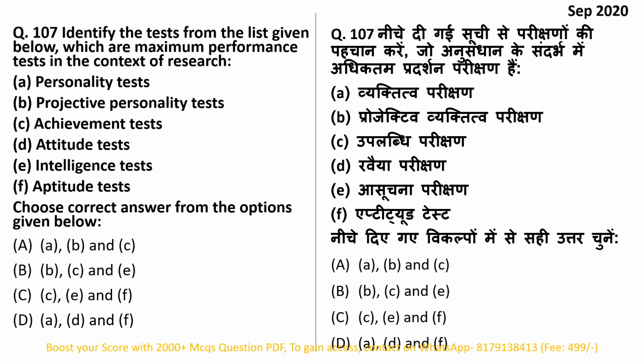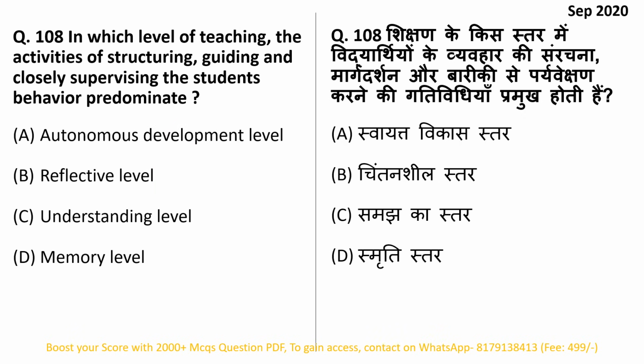Identify the tests from the list given below which are maximum performance tests in the context of research. The right answer is C, E, and F: achievement test, then your intelligence and aptitude test. In which level of teaching the activities of structuring, guiding, and closely supervising the students' behavior is predominant?